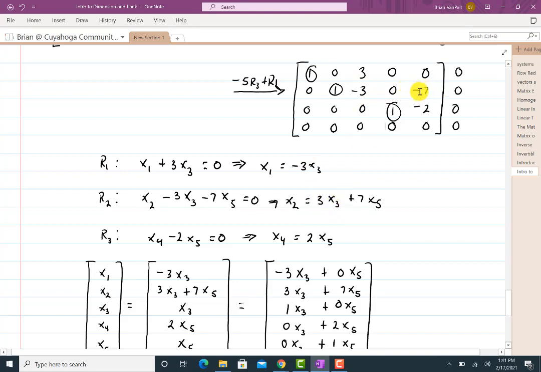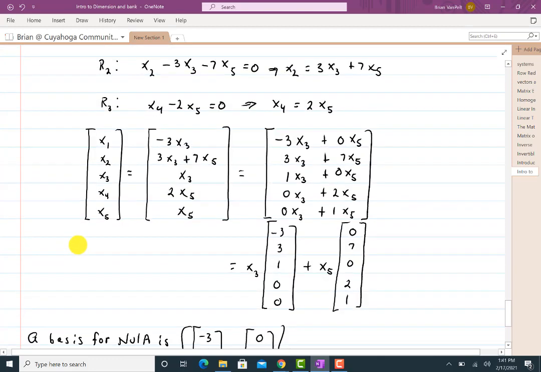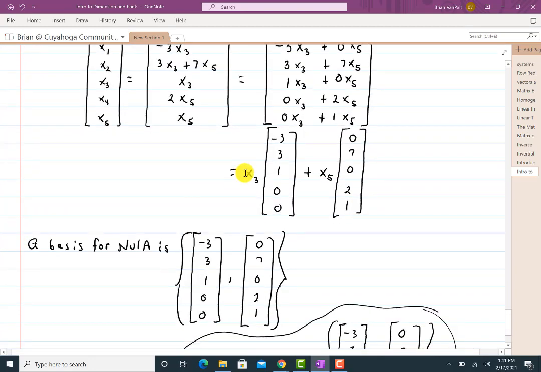So when it comes to finding null A, you're actually interested in the opposite of the pivots. You're looking at the free variables. And so basically, this vector tells you that x3 is a free variable. This tells you that x5 is a free variable. And look at these. x3 and x5 were the only things that I needed in my answer.